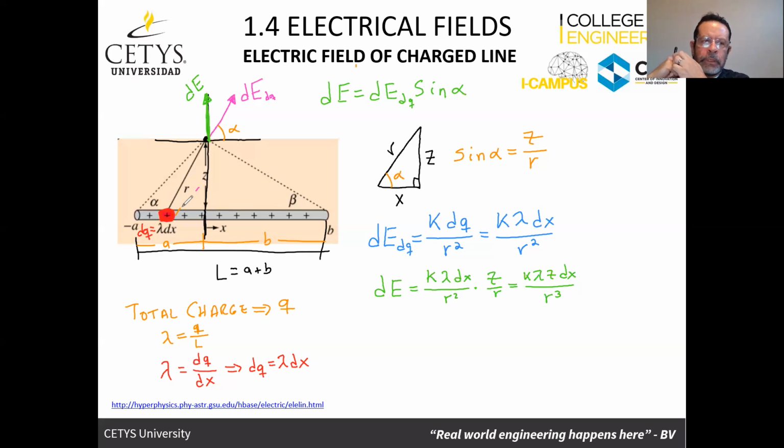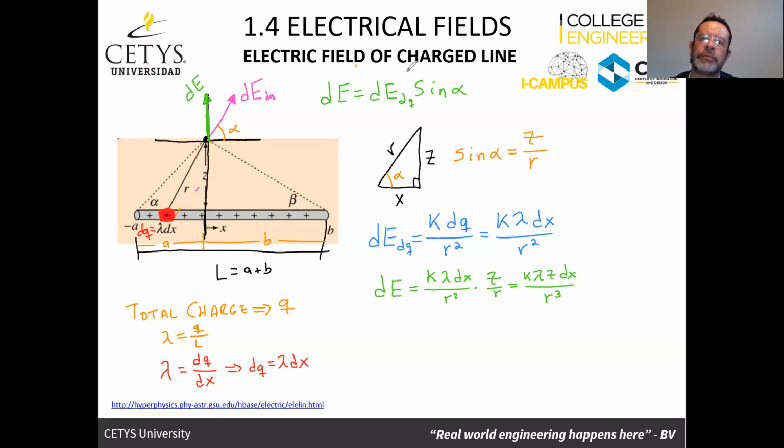Okay. Now, why am I using differentials? I'm going to ask the question that all of you have in mind right now. Why am I doing all this? If I just found a mathematical expression for the differential, which is this red point here, which is a point charge, how can I find the electrical field for the whole line?